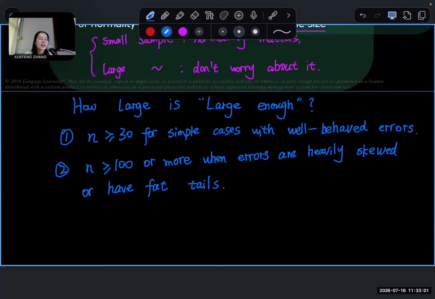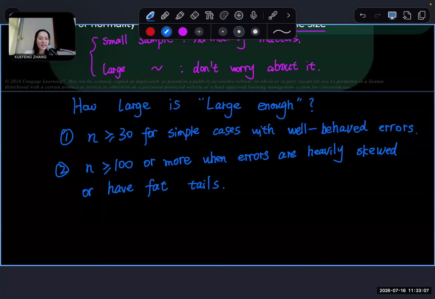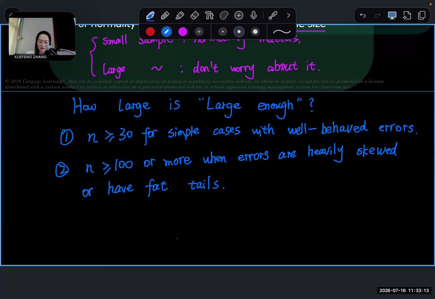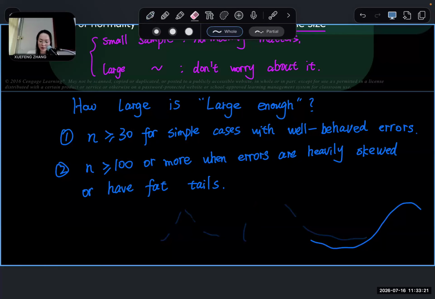In finance, the error term of the financial data is basically not normally distributed. It's somewhere skewed, but not sure about left skew or right skew, but they are not normally distributed, all right?